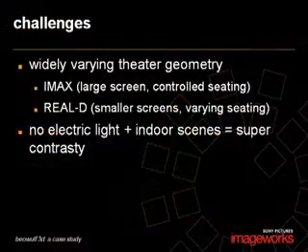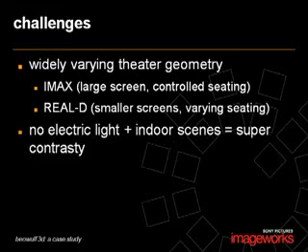One of the other challenges was that the time period the film takes place in was one in which there wasn't electric light. Most of the scenes take place indoors or at night. And the result is that most of the film, at least 60% of the film, takes place in a very contrasty environment, where the character may be lit up with a bright edge, but the background's very dark, or there's torches all over the place.